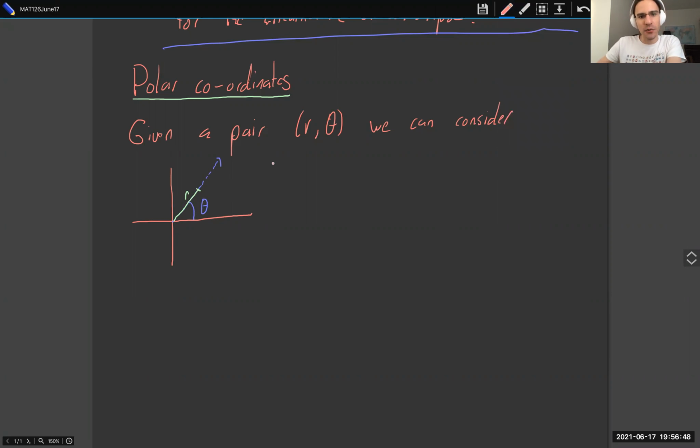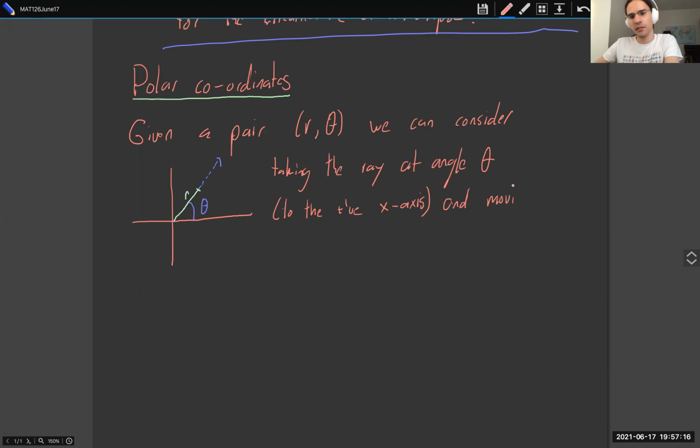We can consider taking the ray at angle theta. And this is, of course, to the positive x-axis. And moving our units along it from the origin.